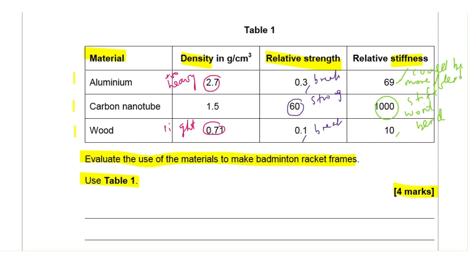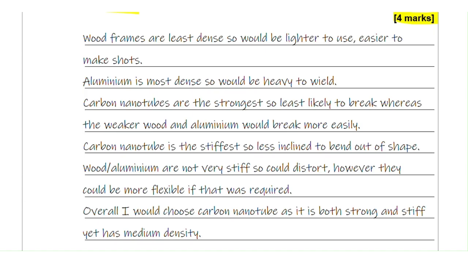So by making some notes on the table, we can begin to put our answer into that logical order, and at the end then come up with a decision. Wood frames are least dense, so would be lighter to use and easier to make shots. Aluminium is most dense, so will be heavy to wield. Carbon nanotubes are strongest, so least likely to break, whereas the weaker wood and aluminium would break more easily.